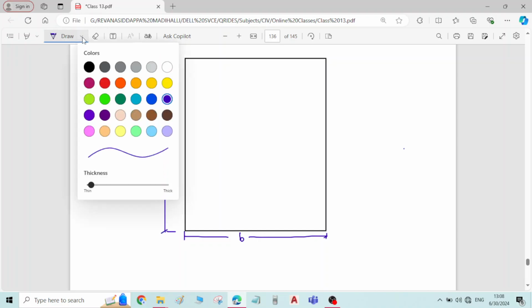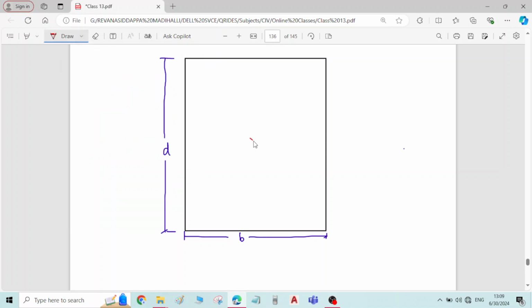Let me mark the centroid for this. Let g be the centroid of the rectangle, and x is the axis passing through the centroid of the rectangle.